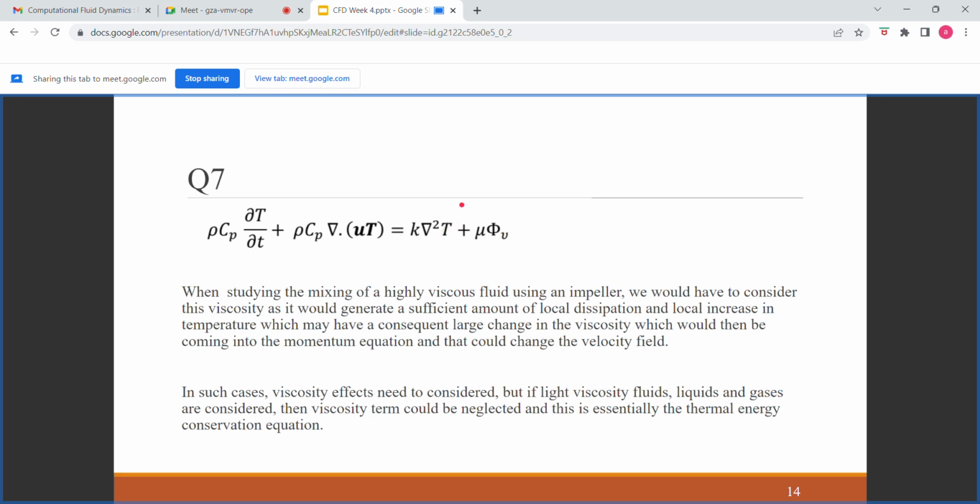But in the normal case, like lightly viscous fluids, liquids, or gases, this term could be neglected. That is essentially from the thermal conservation equation, or temperature energy conservation equation. Lightly viscous fluids would be inviscid fluids.